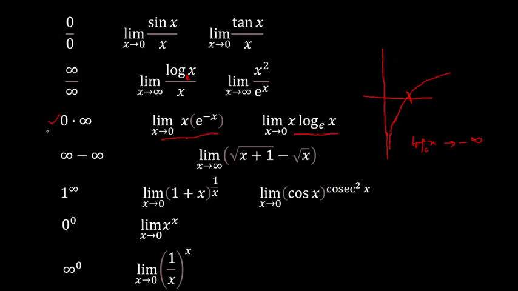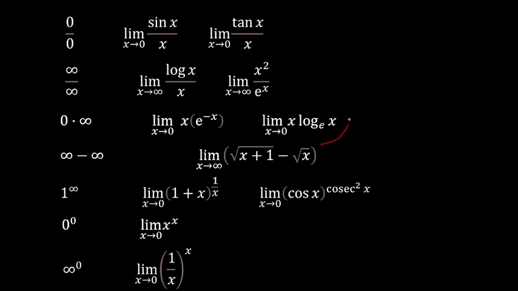So we have seen this. Infinity minus infinity form. See the example. x tends to infinity limit under root x plus 1 minus root x. This is infinity minus infinity form, and this can also be solved. How? Very simple.